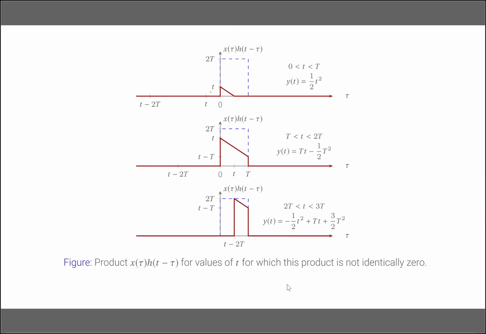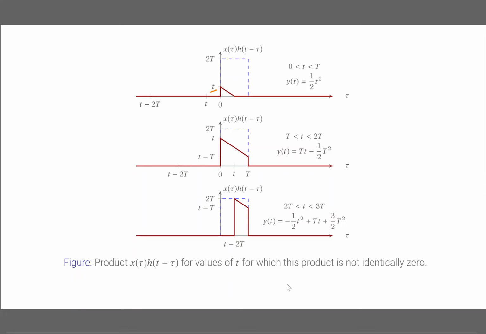Okay, so I have drawn them again. So here you can see this height is t, and we know this distance, so therefore the area is half t squared. I shouldn't have written this as 2T, I think. That's wrong.